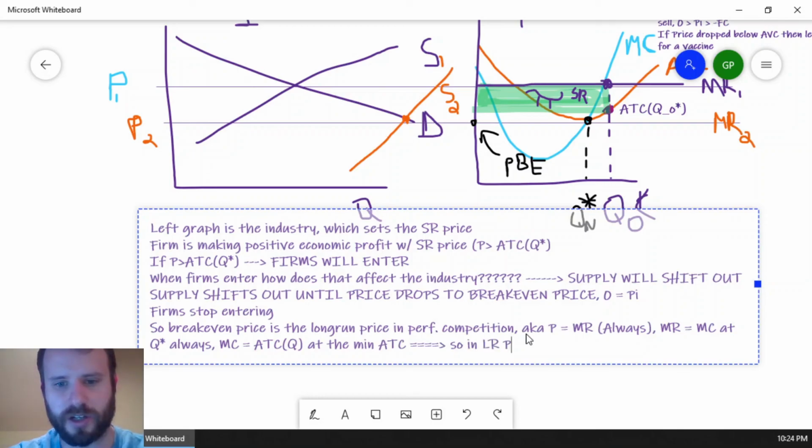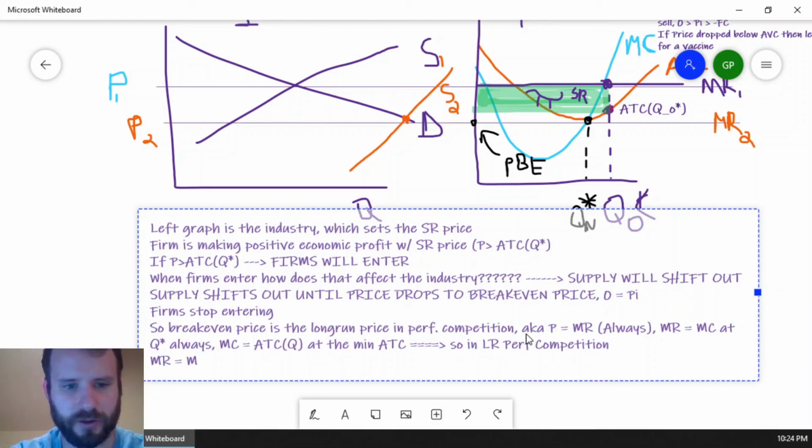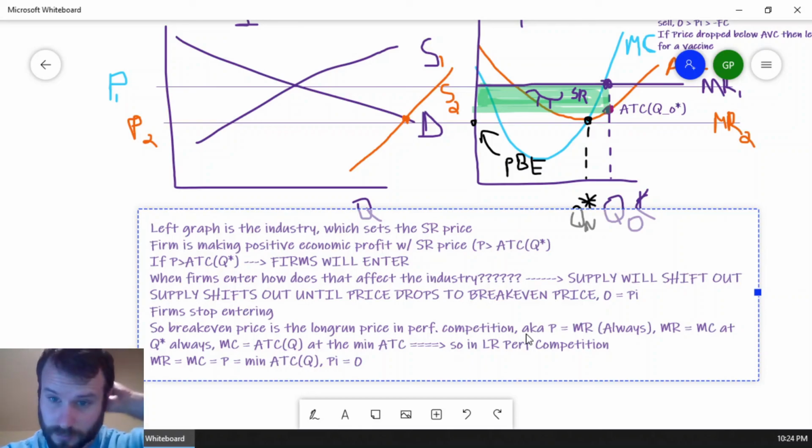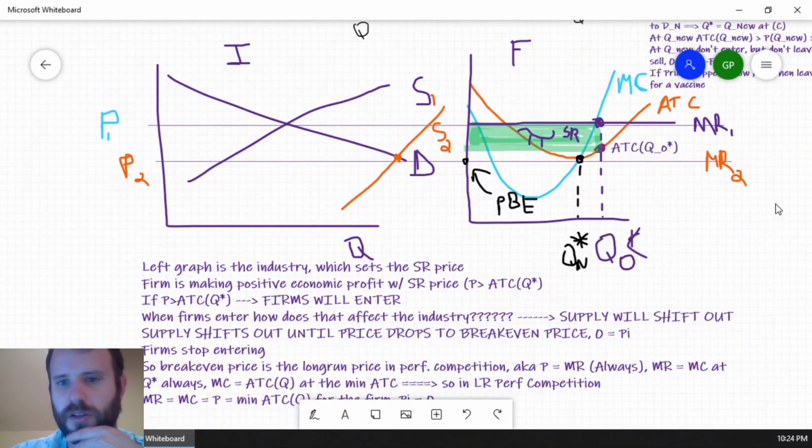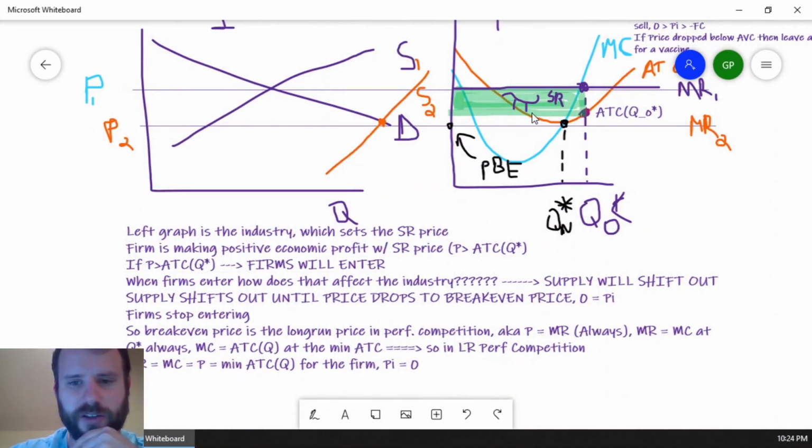So in long run perfect competition, MR equals MC equals price equals minimum average total cost of Q. Okay, and pi equals 0. Okay, so that's how you, and this is for the firm. Okay. So entry basically will eat away at the firm's profits until they go to 0.